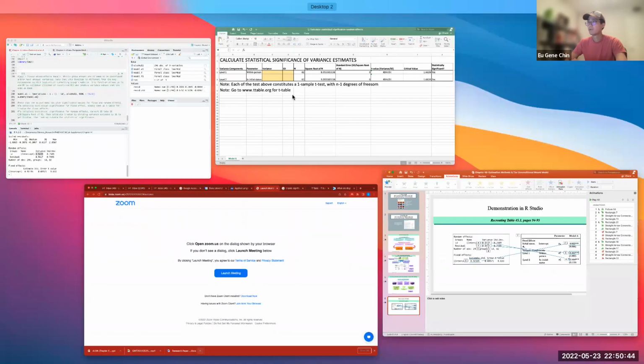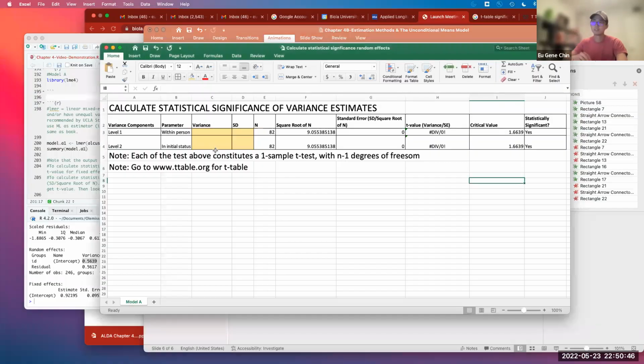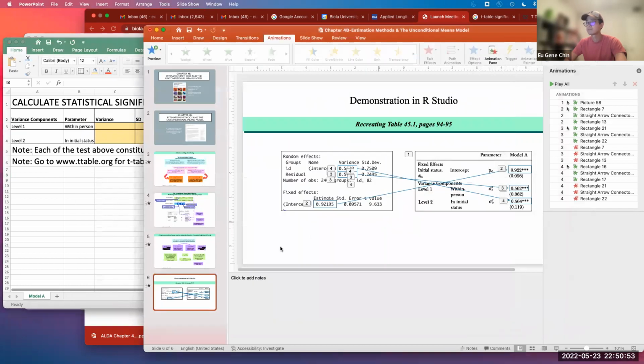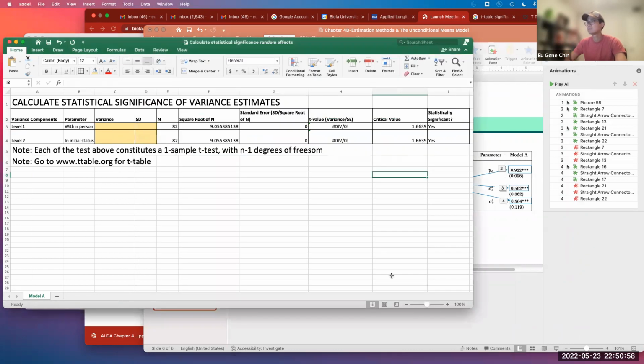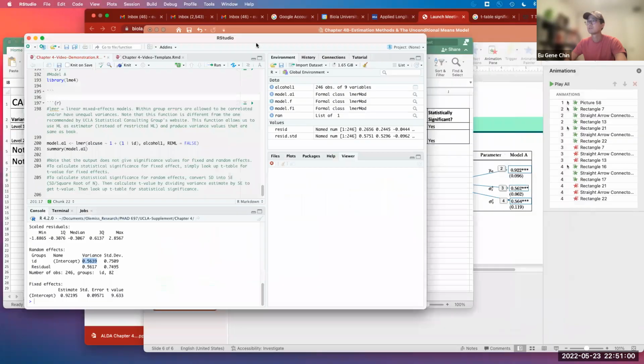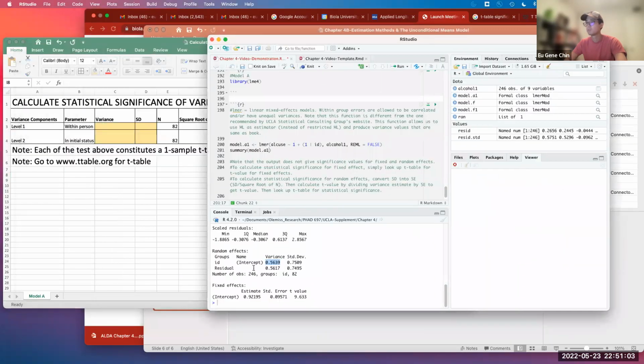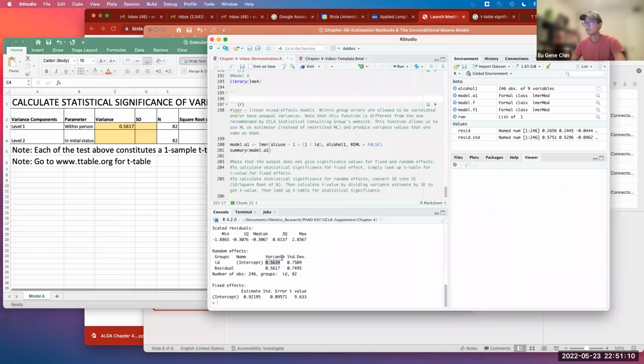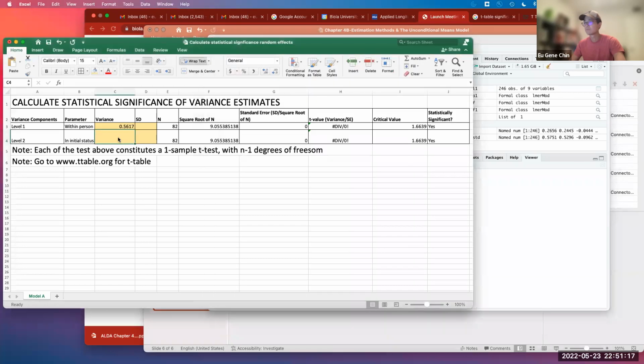So you could make something like this, and I'll post this into a step so you can have this as well. I'm just going to plug in the variance and the standard deviation. It's shown over here. The within person variance is 0.5617, and the between group variance is 0.5639.